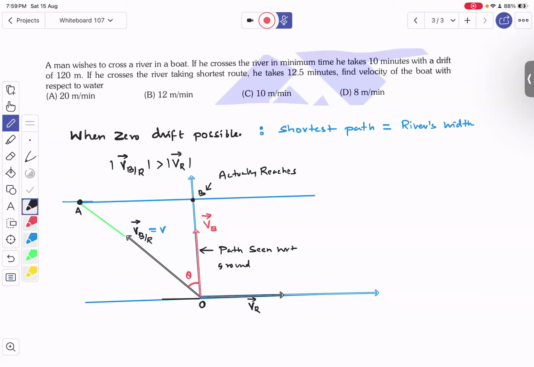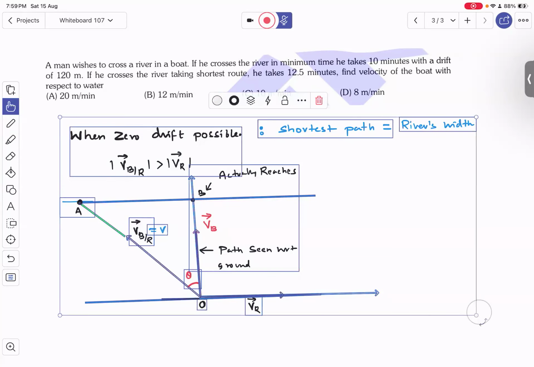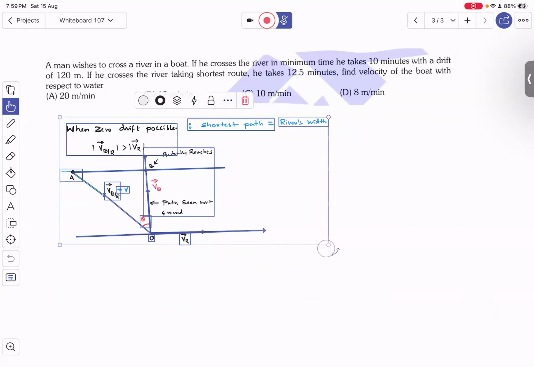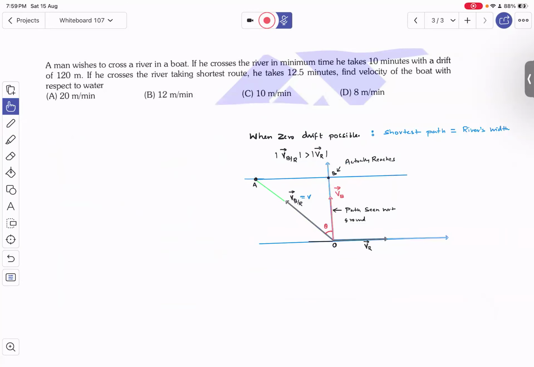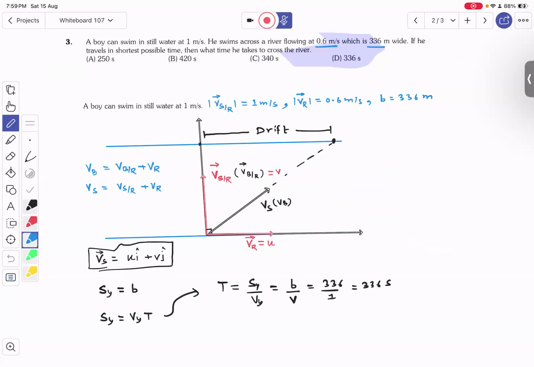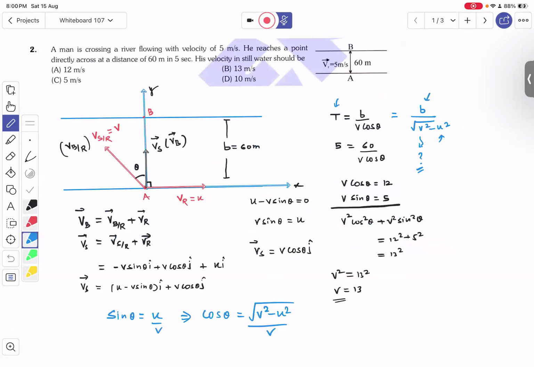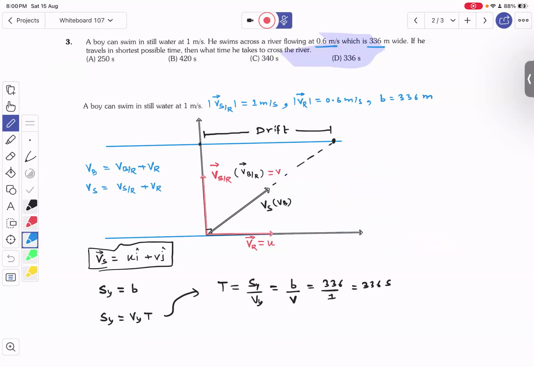So first we'll solve for the first case. Make it smaller. Case 1 is the case of crossing the river in shortest time. And that is exactly the same thing as the old one, no? Crossing the river in, which one is it? Shortest time, this one, no?